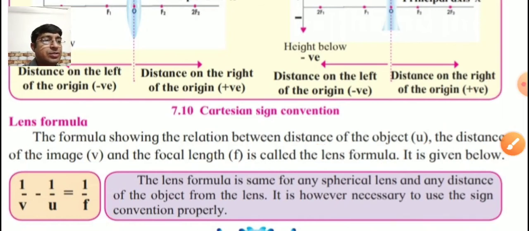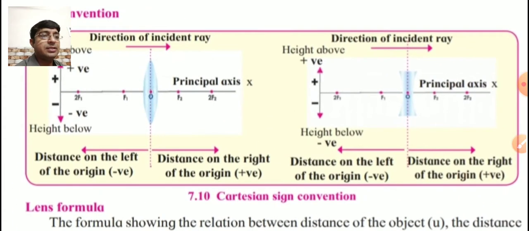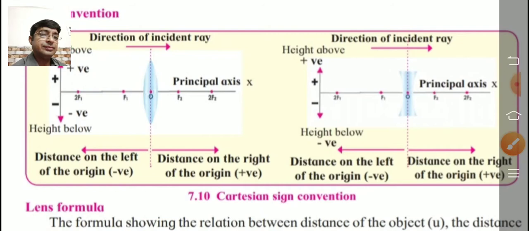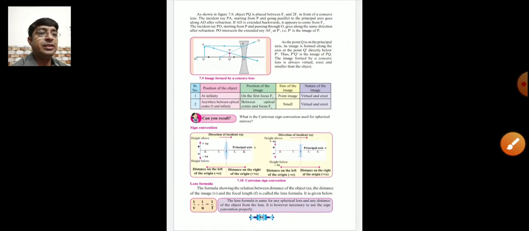Now in this box also given, the lens formula is the same for any spherical lens and any distance of the object from the lens. It is, however, necessary to use the sign convention properly. As per the sign conventions, we are taking the positive or negative sign at the time of solving the numerical problems.